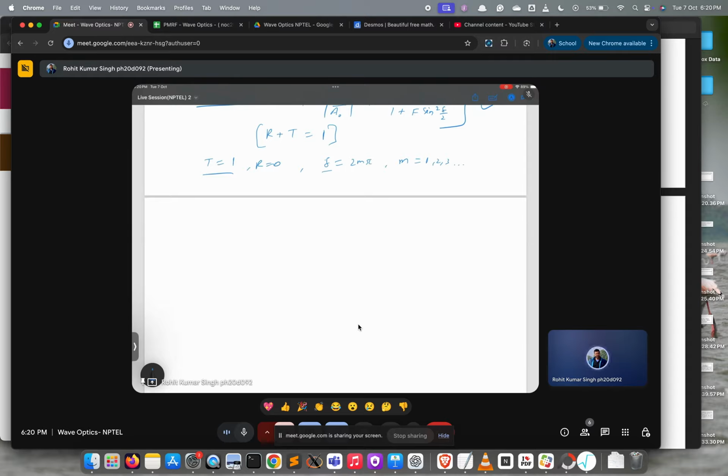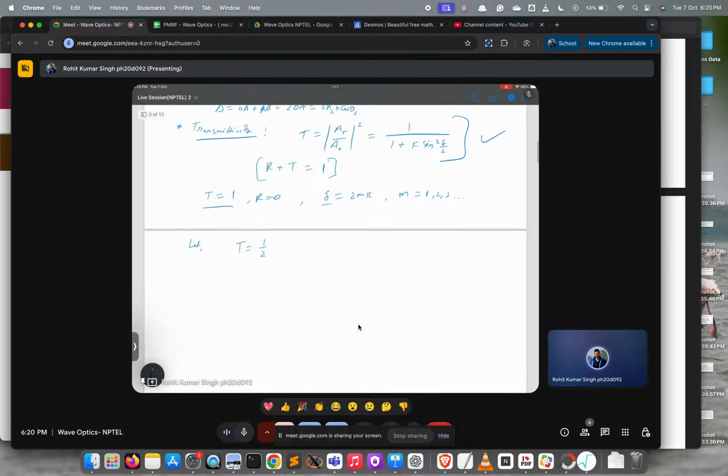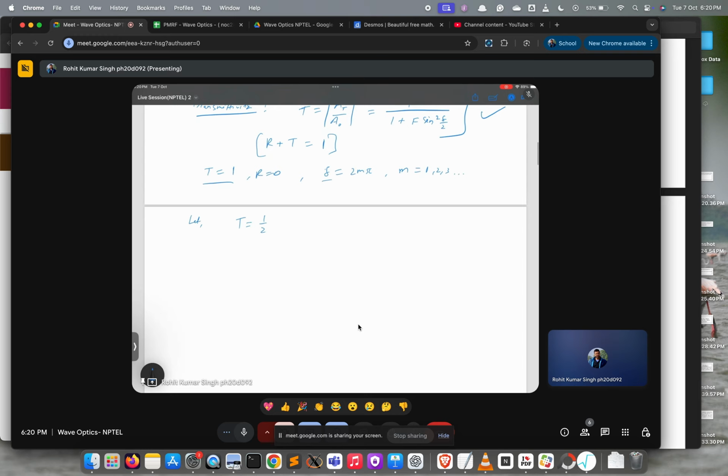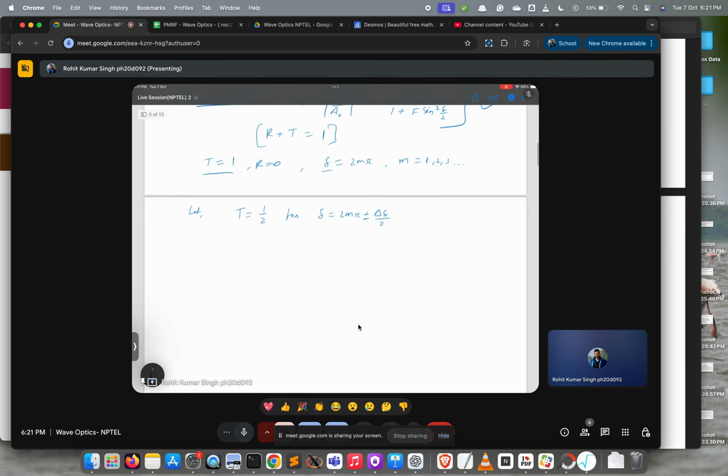But we can also see that when you have half of the incident wave transmitted, like when the t is equal to half, so instead of 1, let us assume that it happens at an angle, either plus minus some small angle delta, divided by 2.